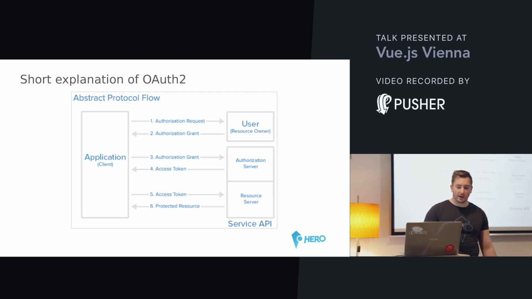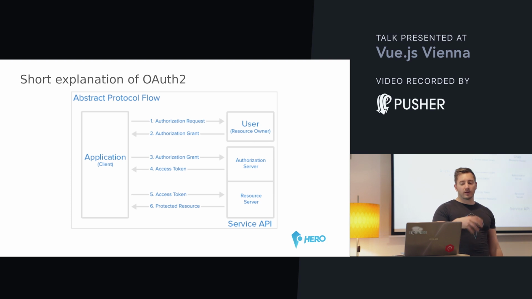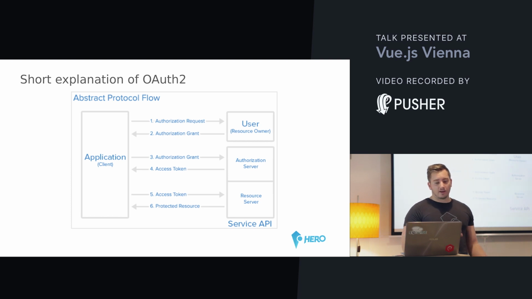project. I will not go into detail here, just a short explanation of OAuth 2. What is it about? You have the application, you have a resource owner, and first of all, you need a request to the resource owner, which gets back with an authorization grant, and then the application can ask the authorization server with the grant for a token.